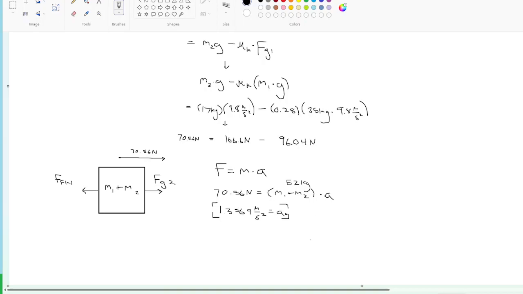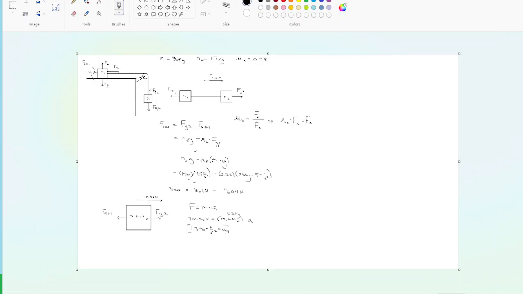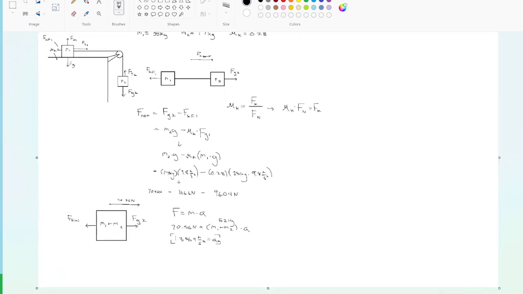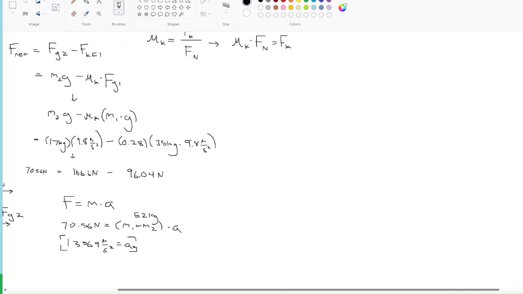Okay, so now here comes the trickier part. Tension is a strange thing. You can think of it as the force that is transmitted through the rope. For example, if this is the rope, the tension force would be right here, pulling this way.